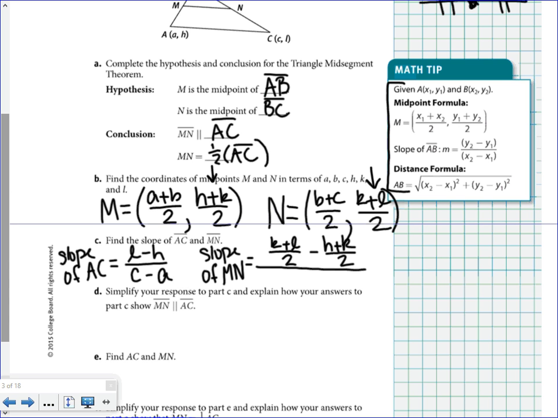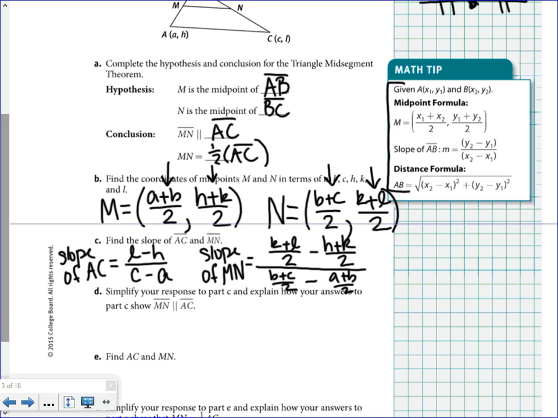Then our x2 is B plus C over 2. And our x1 is A plus B over 2. So that's what we get for the slope to start with. Part D asks you to simplify that and explain how your answer shows that they're parallel.